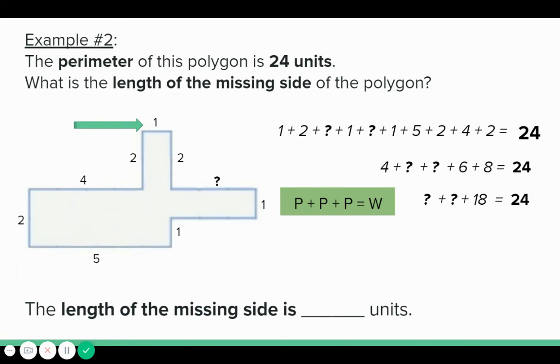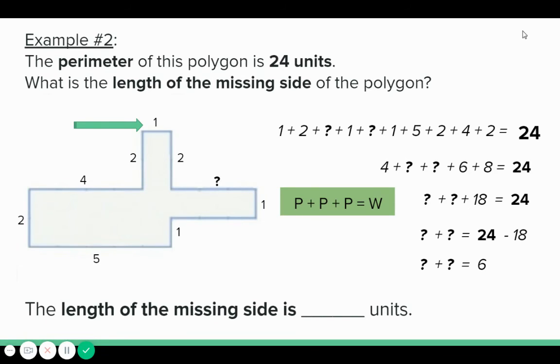If the whole is known and I'm missing a part, I know that if I take away from the whole, I should get the other part. So I'm going to subtract. 24 minus 18 is 6. So 2 numbers that are exactly the same, if I add those 2 numbers, the answer is 6. That should be 3. So 3 plus 3 is 6.